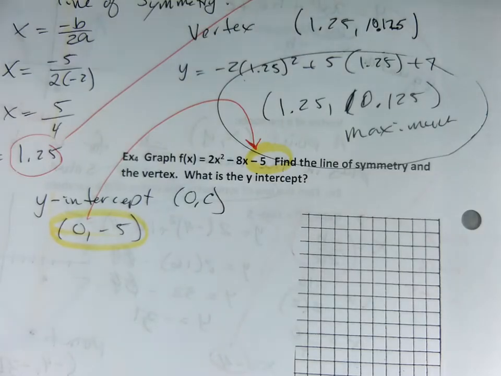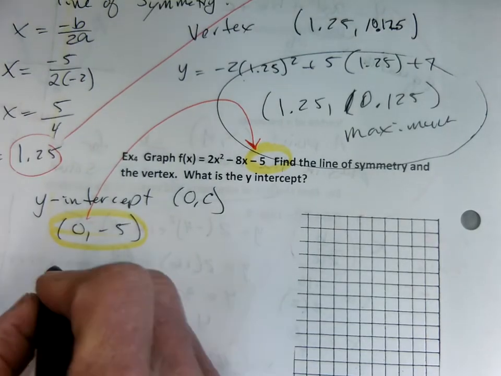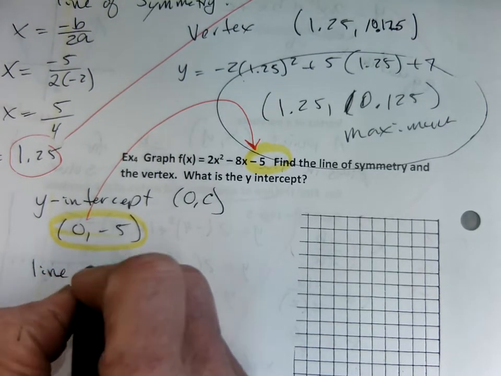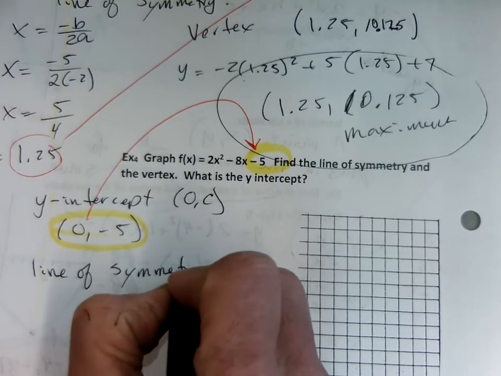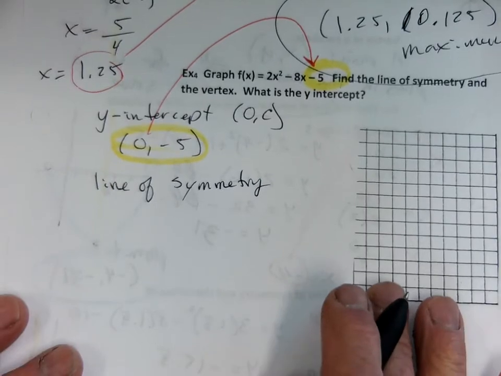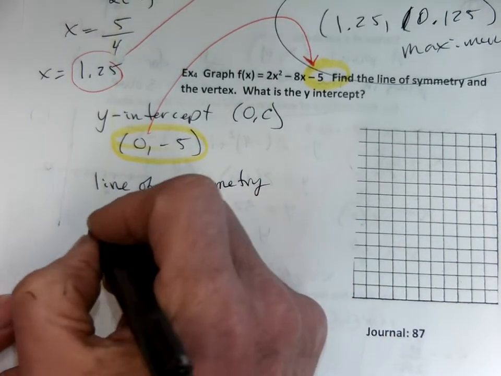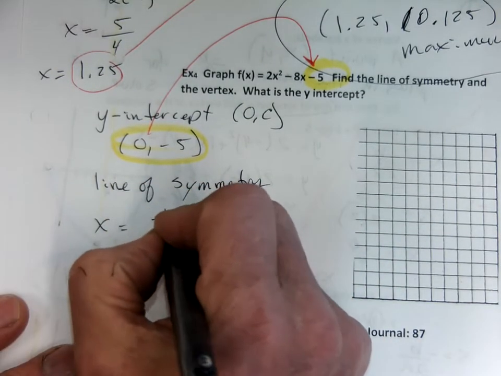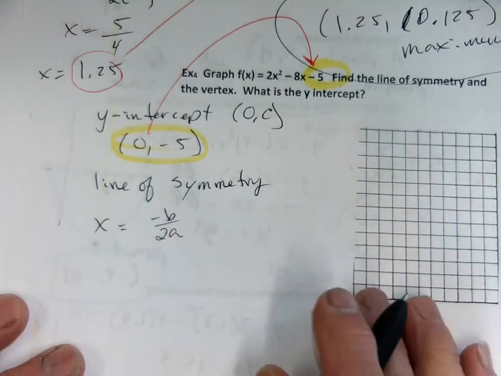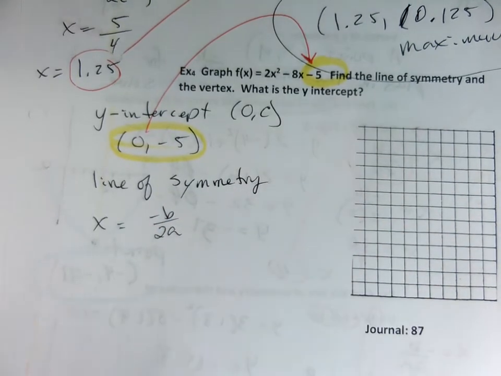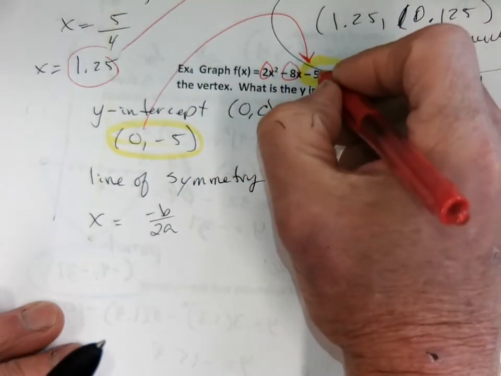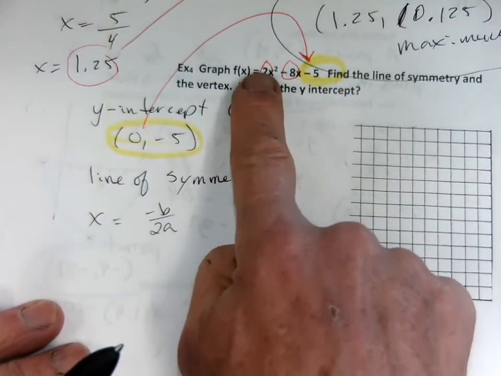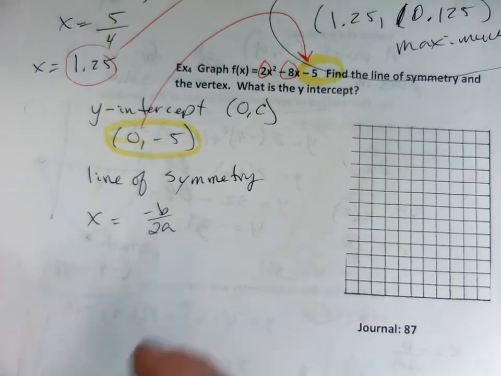So then the next thing I need is the vertex, but let's start with the line of symmetry. How do you find that? That's it, just negative b over 2a. This should be easy, right? And I know that a is 2, b is negative 8, c is negative 5, so I'm going to plug a and b into my formula.